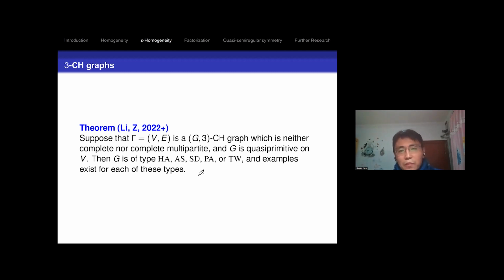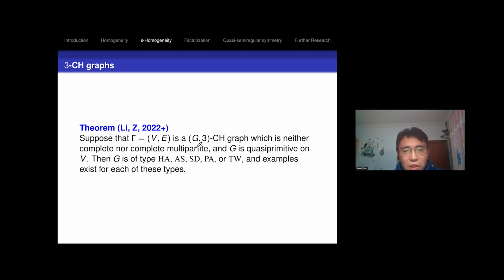I just mention a result by Praeger on 2-arc transitive, quasi-primitive 2-arc transitive graphs. In the 2-arc transitive case, G has type HA, AS, PA, or TW.